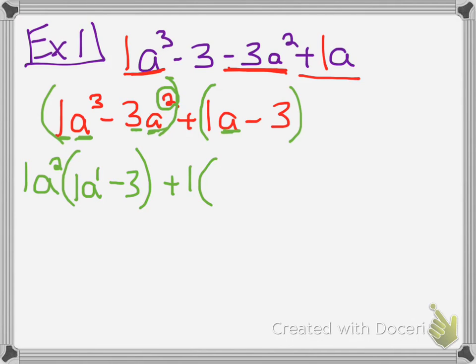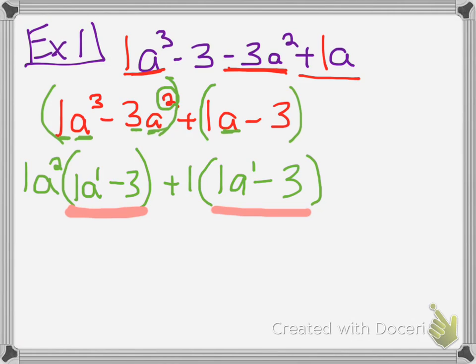Something strange is going to happen. 1 divided by 1 is 1. Bring down a to the first. What I'm talking about is that these parentheses should be the exact same thing. Minus 3 divided by 1 is 3. Well, I'll be darned.